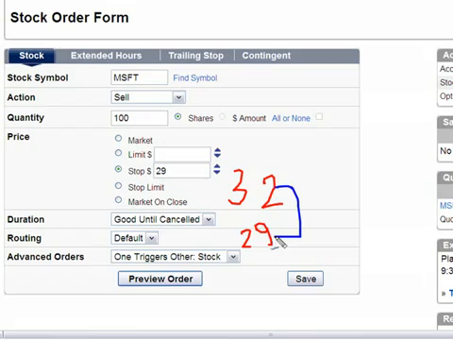Why would you do that? Because as soon as your buy order is triggered, as soon as your 100 shares of Microsoft have been bought, your stop loss at 29 will automatically come into effect. So this is a good idea for linking both orders together rather than doing them separately.